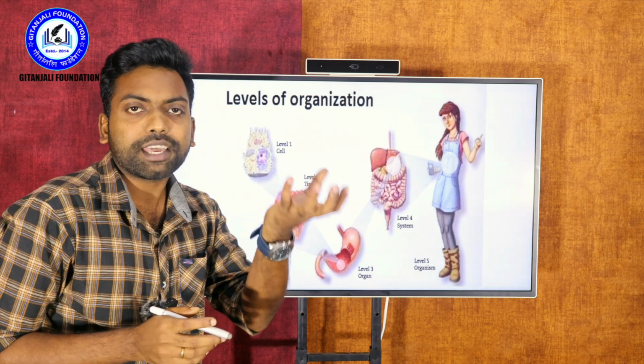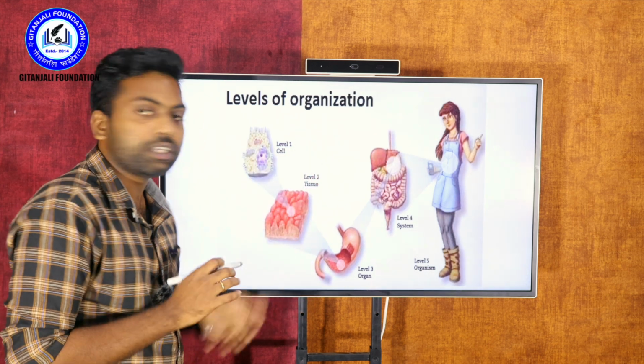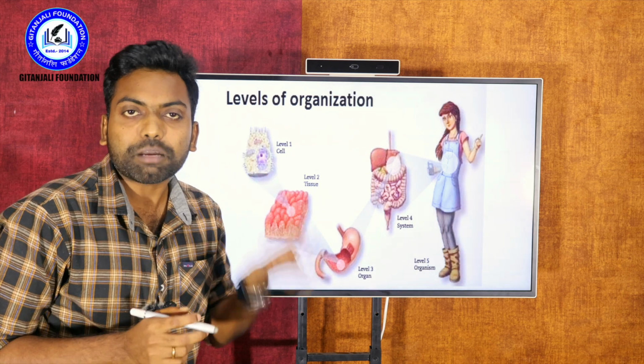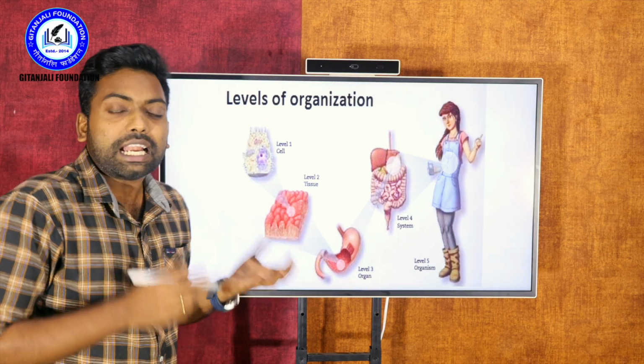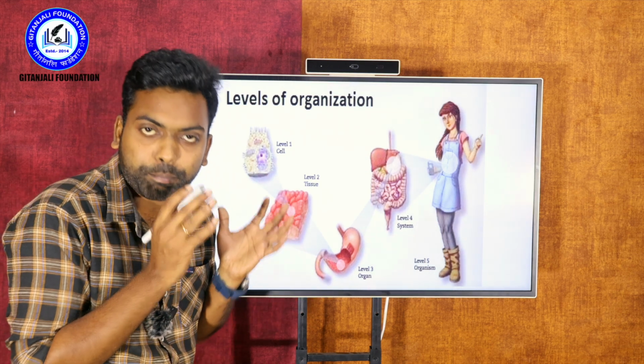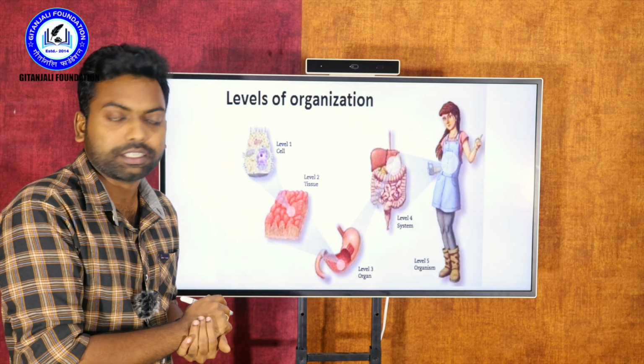If you want to form a heart, cardiac tissue is needed. If you want to form a stomach, its tissue is needed. Like that, for any organ to form, tissue is the main element.